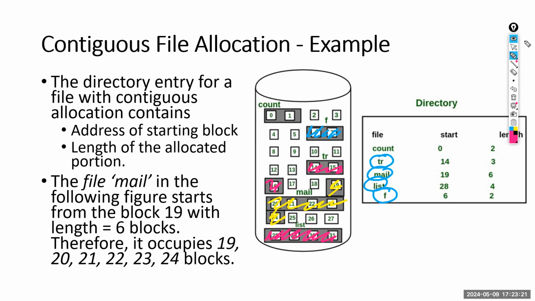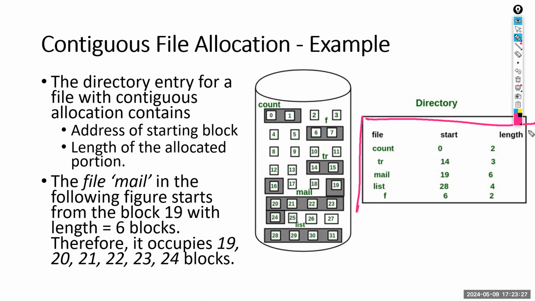Okay. So sometimes they ask questions about these tables. You can see that this is the file name. This is the start block. Start block is 0 and it takes 2 blocks. So therefore it's 0 and 1. So there's a file called count.